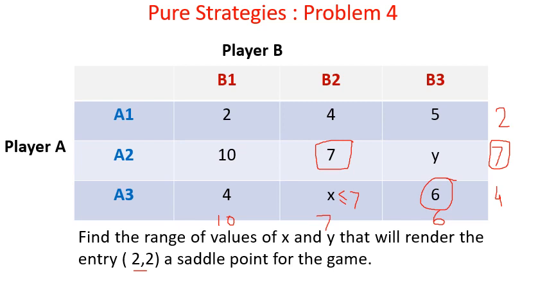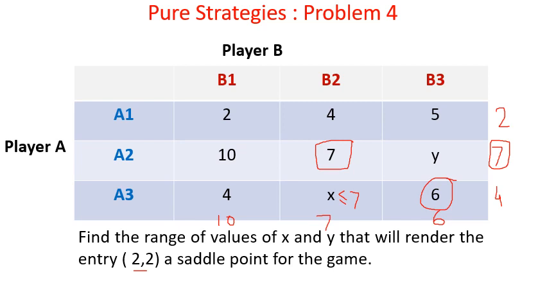Correct? Now, if it is greater than 7, since you are finding out the largest value here, the maximum value here, this will become a number greater than 7. So, in that case, this cannot become the saddle point. So, value of x should be either equal to 7 or some number less than 7. So, the value of x will be less than or equal to 7.